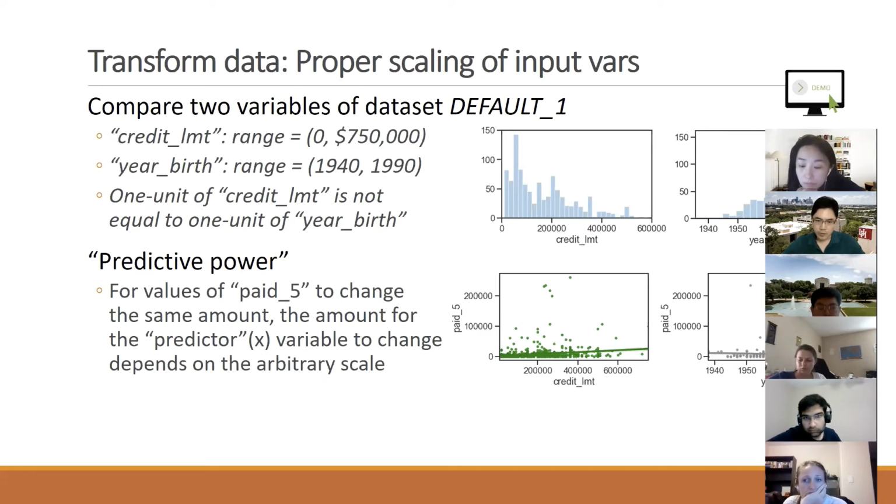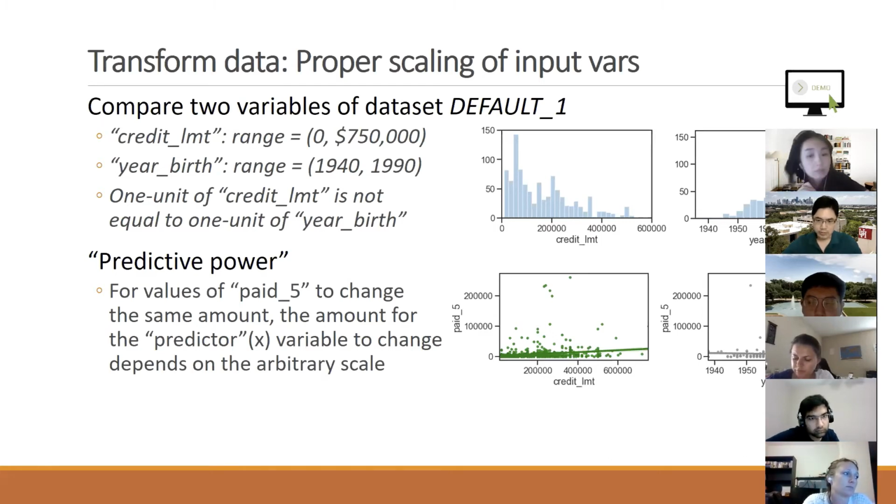So 1 unit of difference for each of these two variables carries a different amount of variation to the customer that we're trying to describe here. So you cannot assume that the two variables' original range is equal.